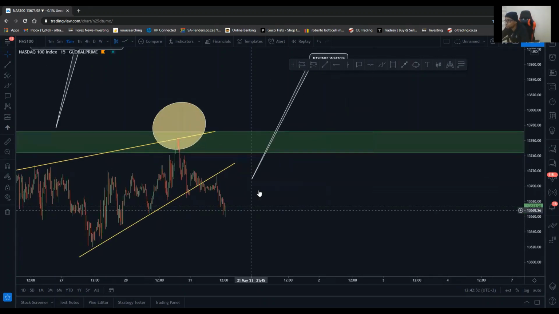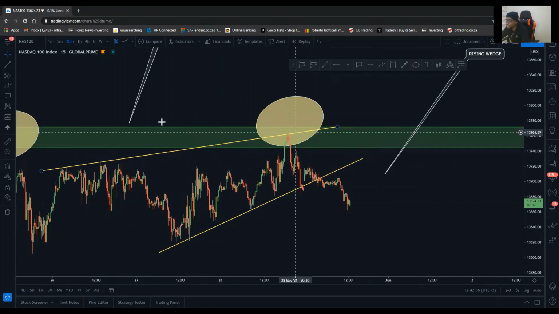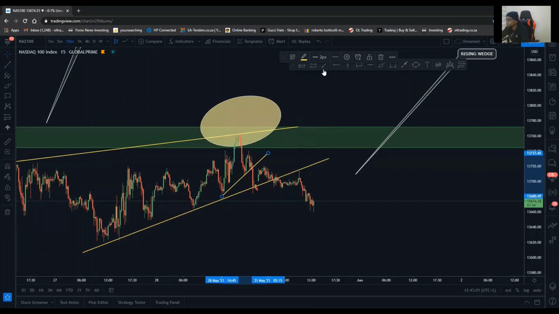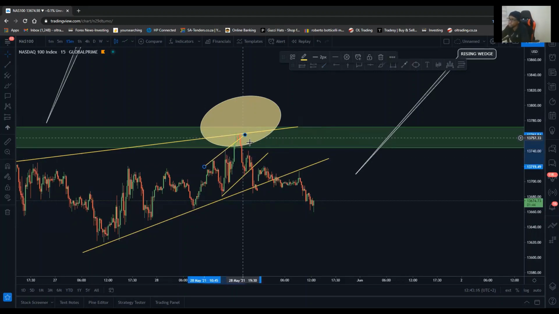So what I want to show you here, I took the sell here because I saw that there's a significant area, and then it broke. This was my psychology fake out.